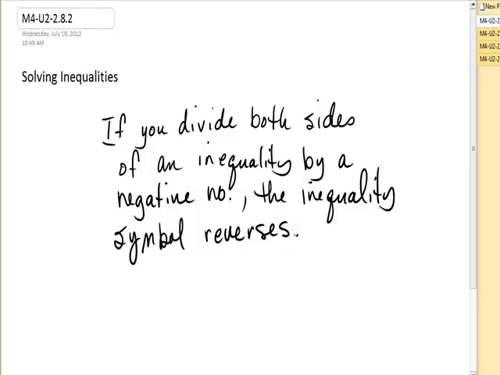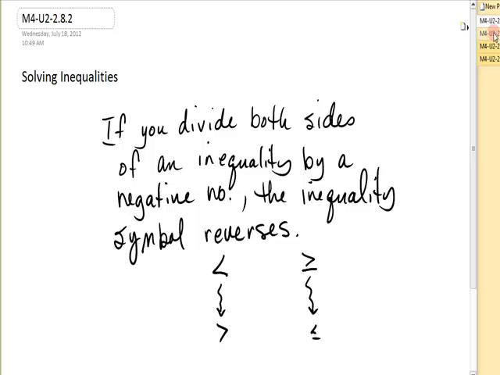And by that I mean a less than will change to a greater than. A greater than or equal to will change to a less than or equal to. So it will reverse. So that's going to happen just if we divide by a negative.